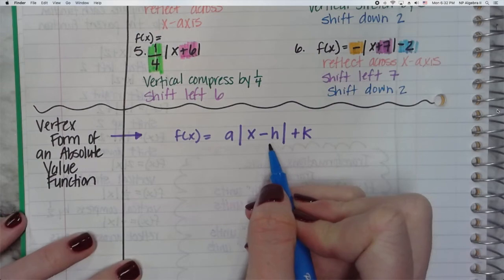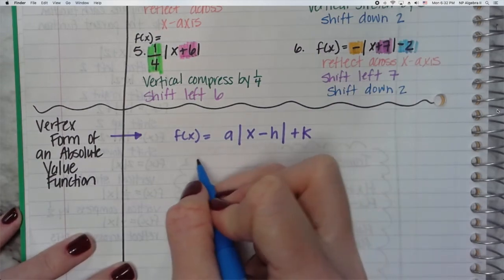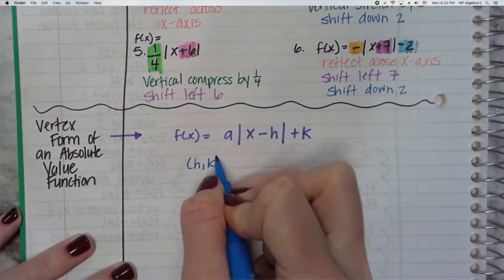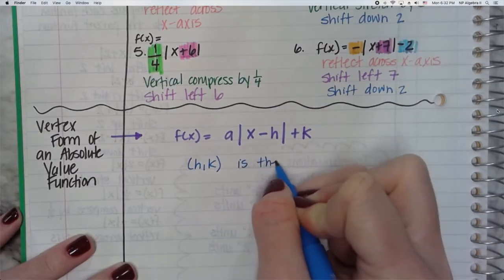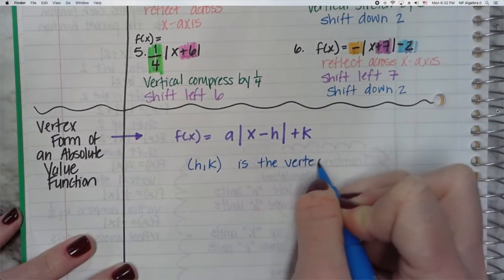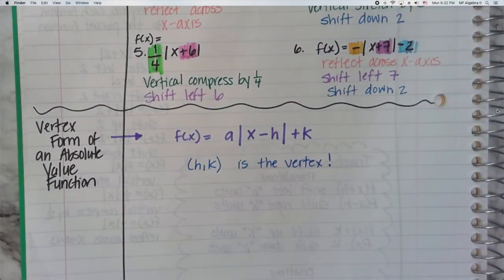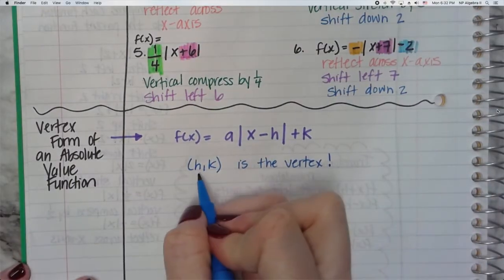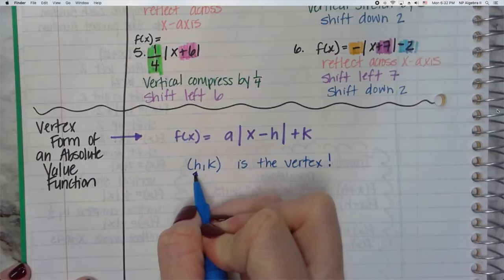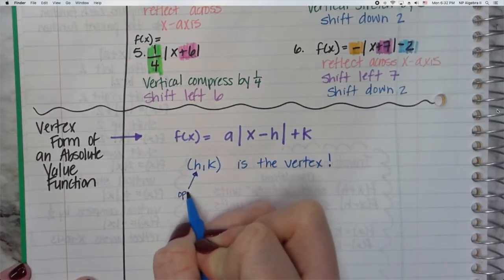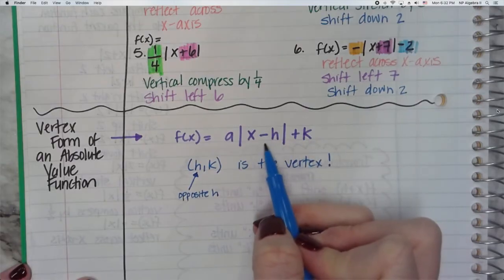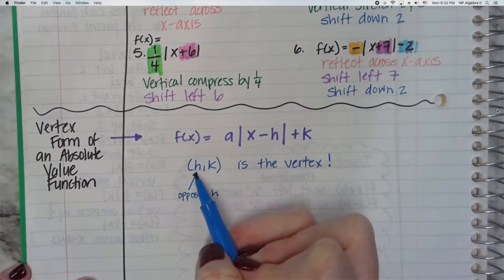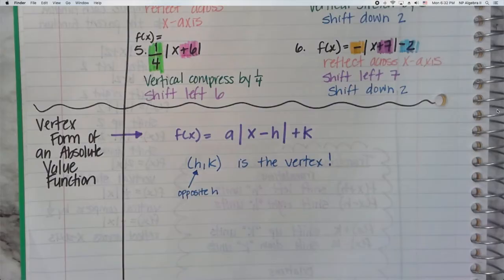What we must know is that h comma k is the vertex. Specifically, when we're looking at this h, you have to write this down. It's opposite h. Notice that in vertex form, h is negative, but when we write it in our vertex, it's positive. And so that's where that horizontal shift comes into play.